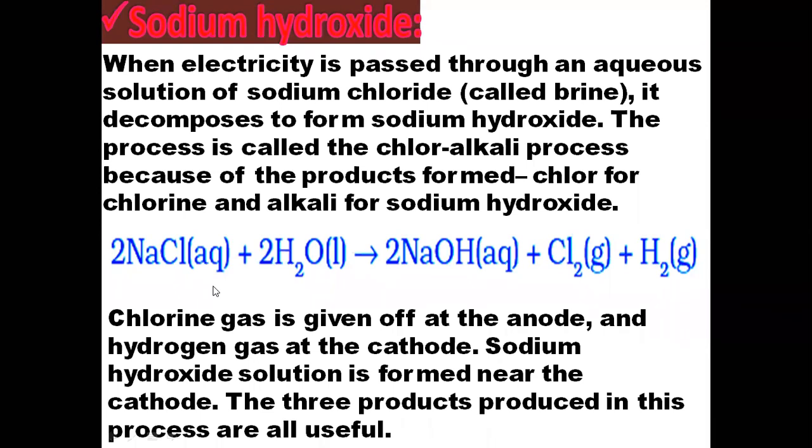Any element with a plus sign is a cation, any element with a minus sign is an anion. Now remember one more thing: cation and anion, termed positive and negative, are deposited on the cathode and anode.